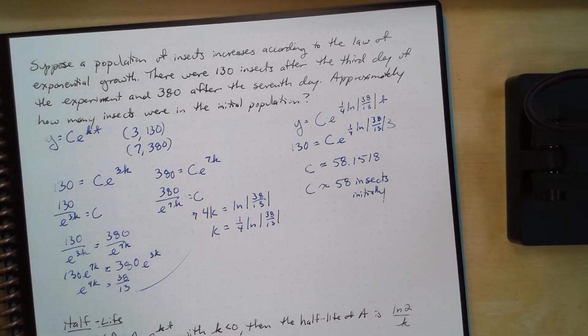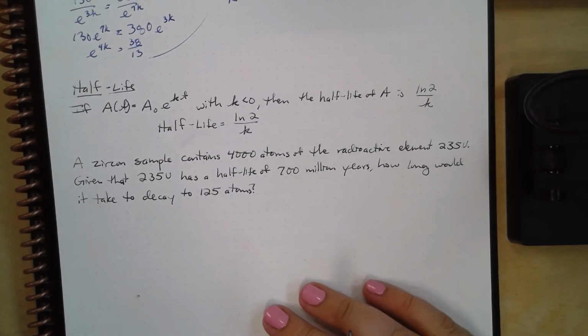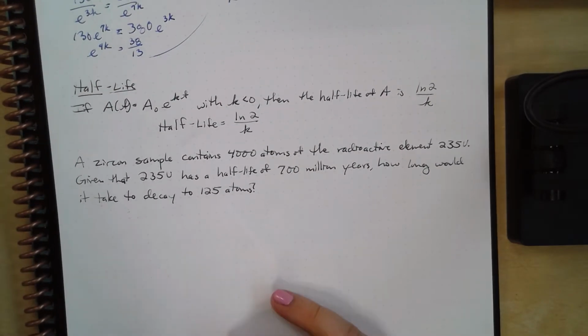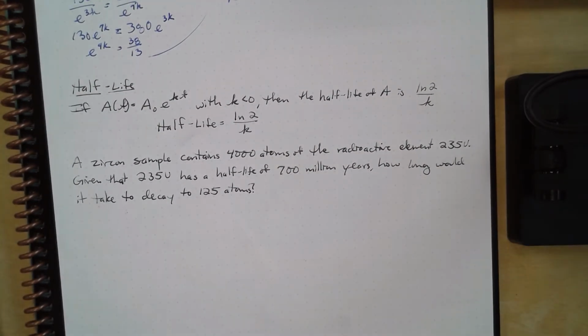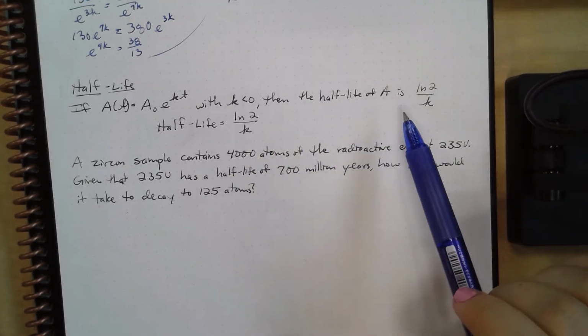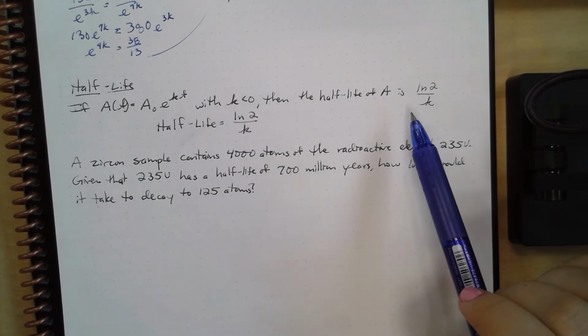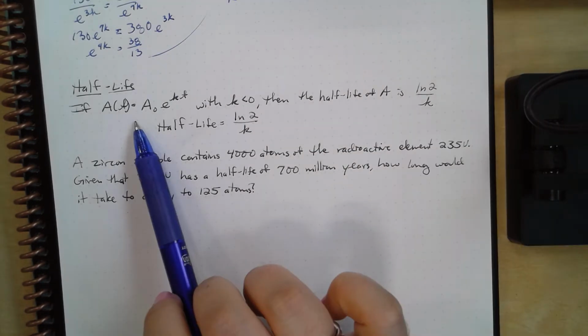Okay, let's actually do a problem here with some half-life. This is a pretty common usage of differential equations and exponential growth and decay. If A of t is equal to A sub naught times e^(kt), with k less than 0, then the half-life of A is ln of 2 over k. So half-life is equal to ln of 2 over k.